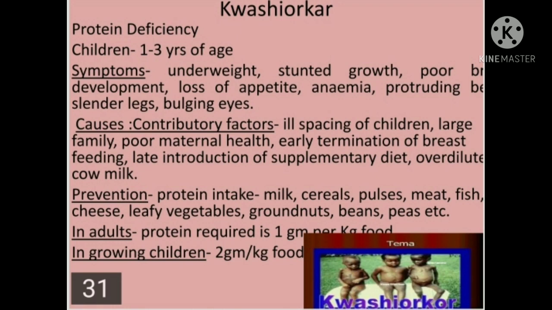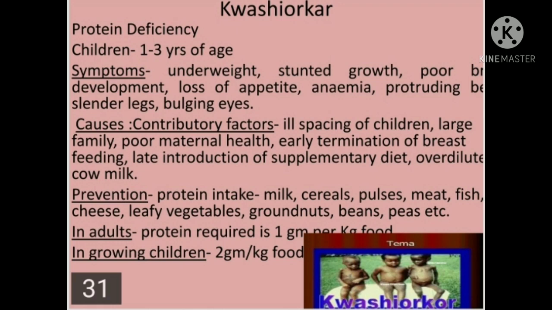Then late introduction of the supplementary diet. A proper supplementary diet should be given to the children. Then over diluted cow milk. Cow milk should not be diluted too much. It should not be done. So all these are the factors of the lack of protein.